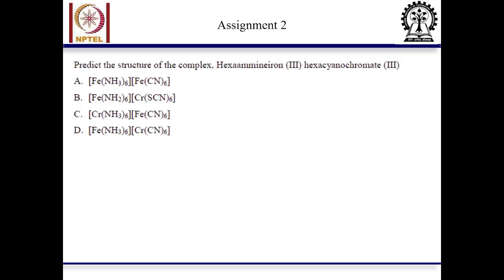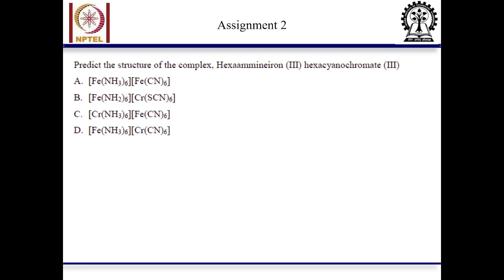And okay, so this is the example which I wanted to discuss. Predict the structure of the complex hexaammine iron third, hexacyanochromate third. Can anyone just guess which is the correct answer for this? Can anyone just guess?